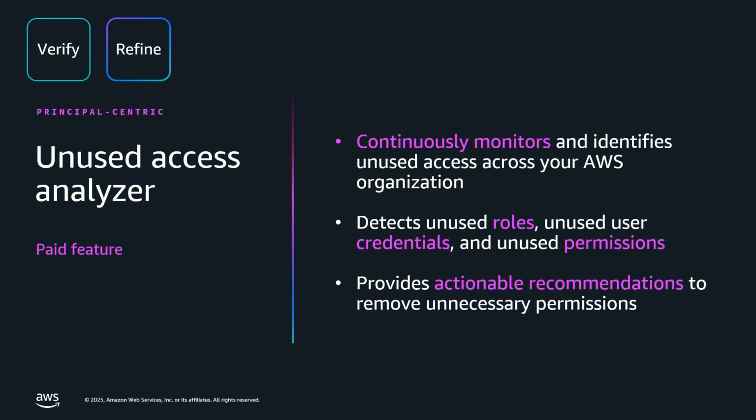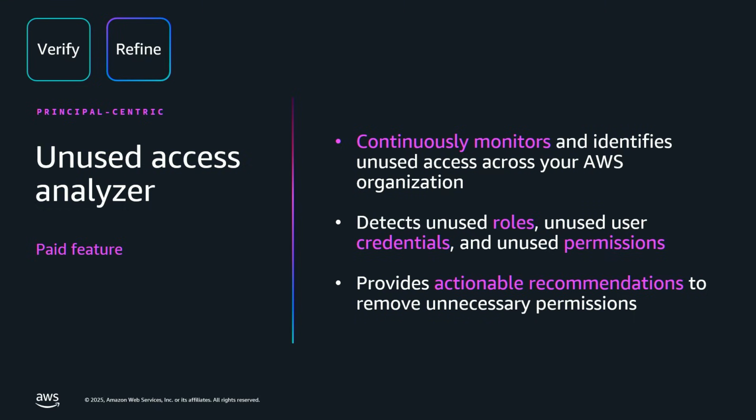You turn it on, you can set the scope, similar to the other one. And what it does, it looks through all the principals in your account or organization, whatever scope you've set, and it will tell you for any given principal, are there any unused permissions? It will also tell you about any unused access keys as well.